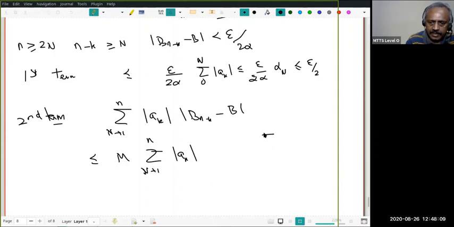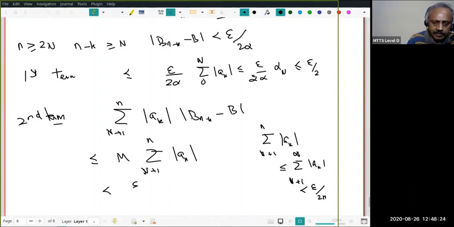But again, by whatever I said in the beginning, the summation N plus 1 to n of mod a_k will be less than or equal to the summation of mod a_k from N plus 1 to infinity. But that's less than epsilon by 2M. Therefore, this object is less than epsilon by 2. Is that clear?